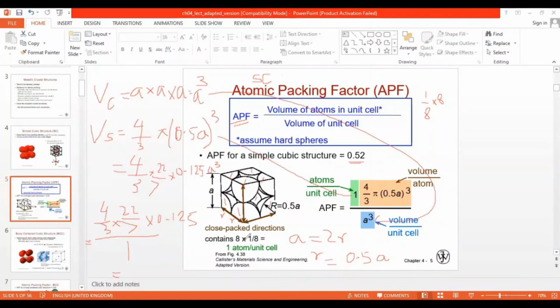Close pack directions contains 8 into 1 by 8. So with this 8 into 1 by 8, we have 1, 2, 3, 4, 5, 6, 7, 8 atoms. They are not total full atoms, just 8 atoms, and 1 by 8 of each atom is actually incorporated here. So this particular region is 1/8 the volume of one sphere.